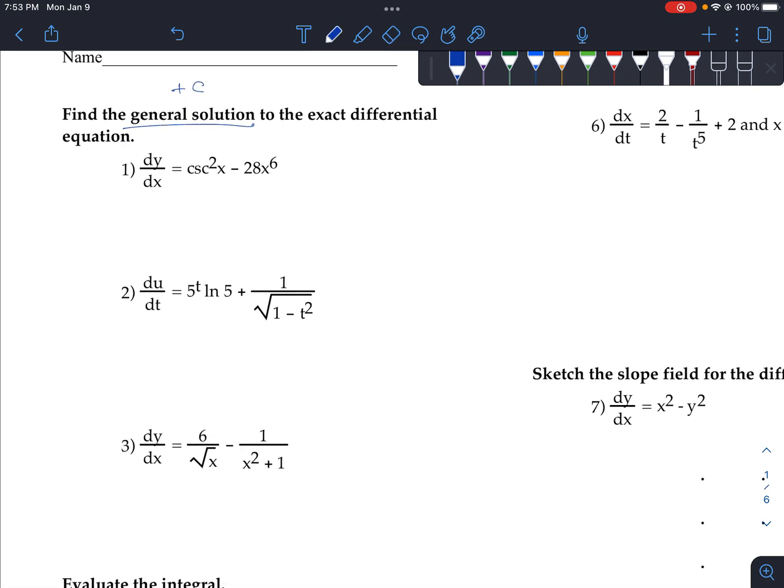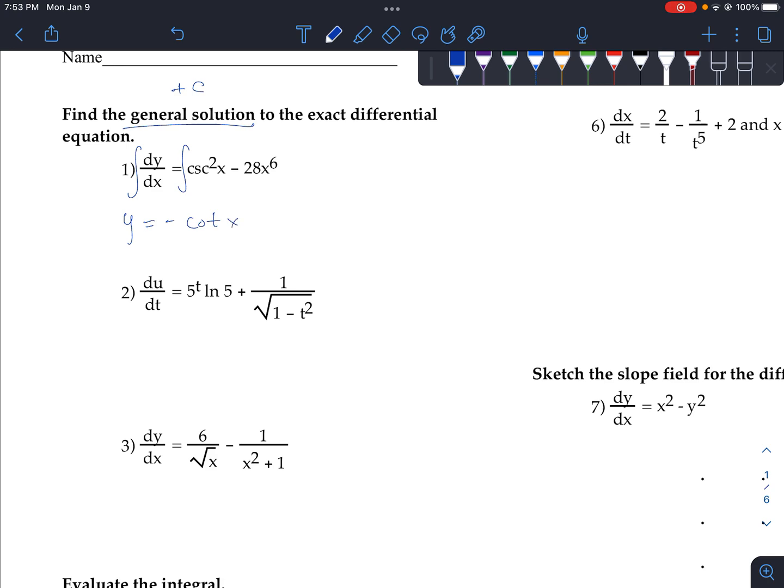Right away, I'm going to take the antiderivative of both of those terms. So if I integrate both sides, this is going to be y, and on the other side, the antiderivative for cosecant squared is negative cotangent of x.